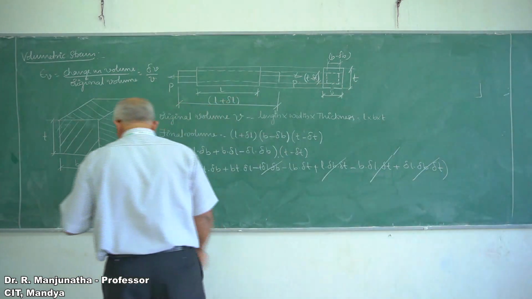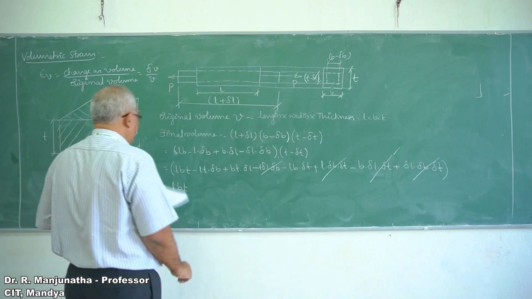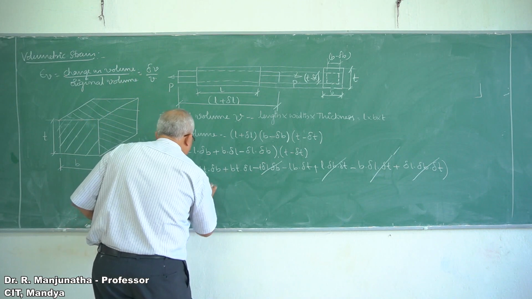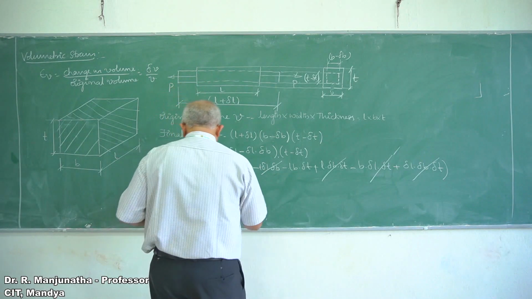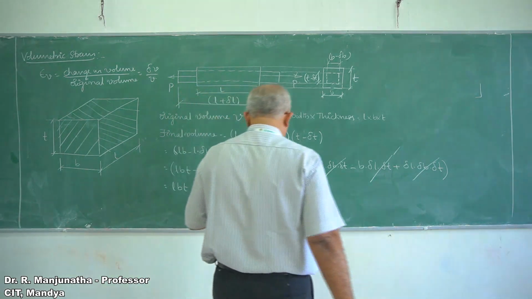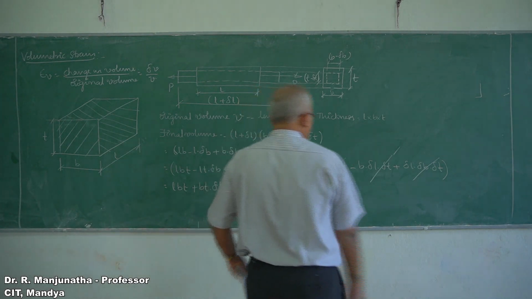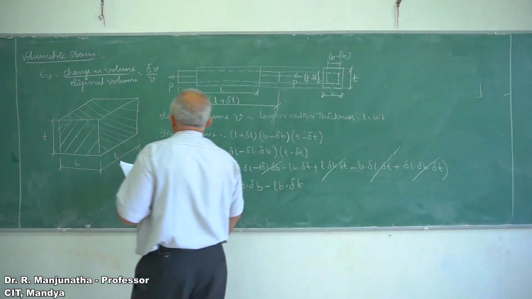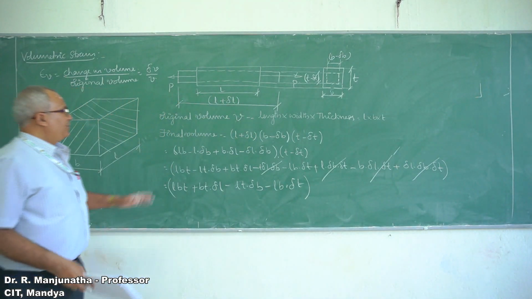So what we are going to get is L into B into T, plus B into T into delta L, minus L into T into delta B, minus L into B into delta T. So this is the final volume, the final expression after simplification.